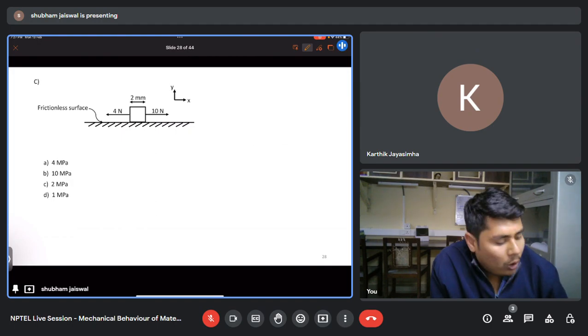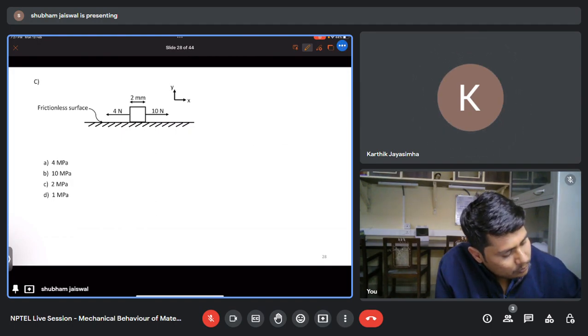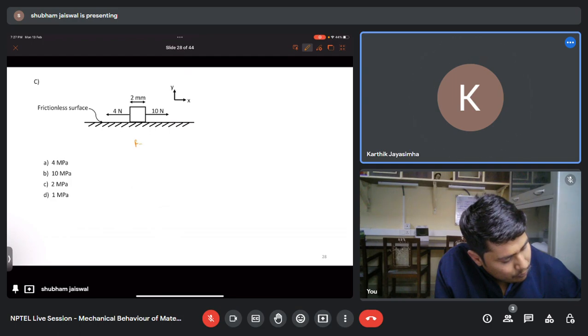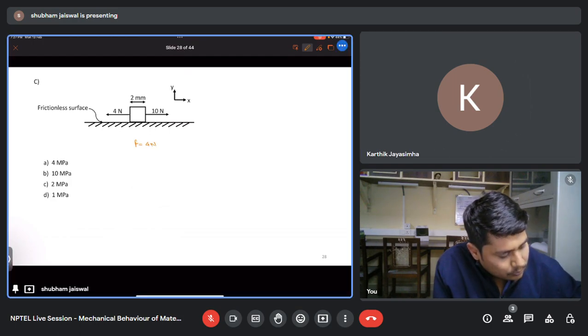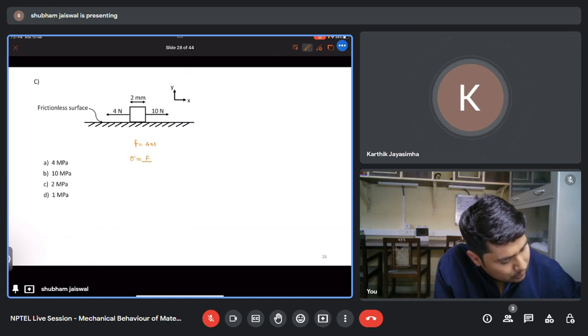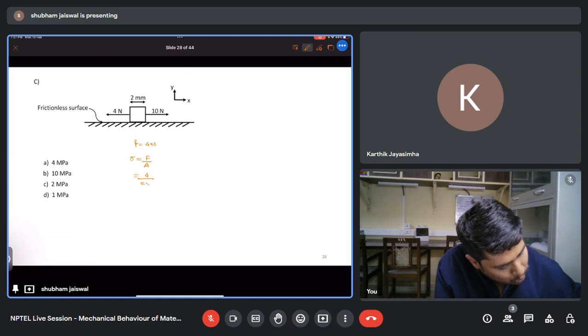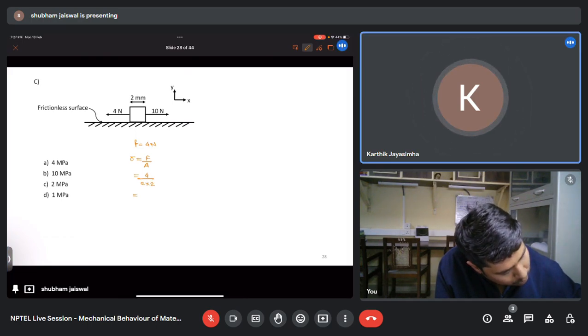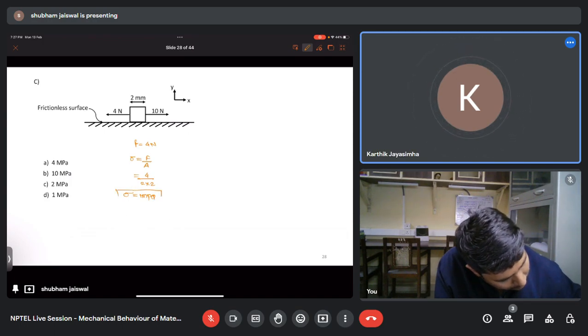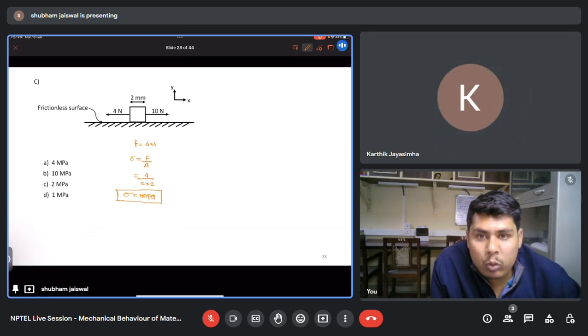So what will be our force? 4 Newton. Sigma is nothing but force upon area, so 4 upon 2 into 2. It comes out to be 1 MPa, as only that 4 Newton contributes.